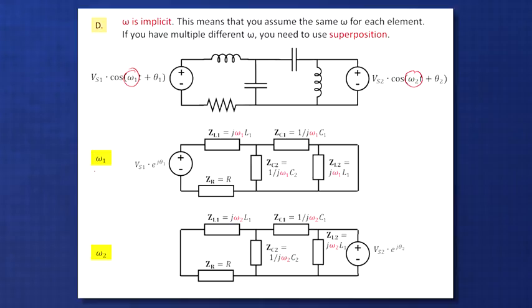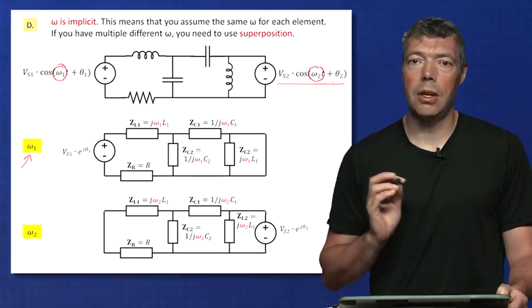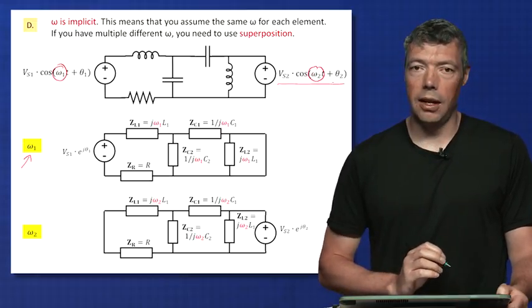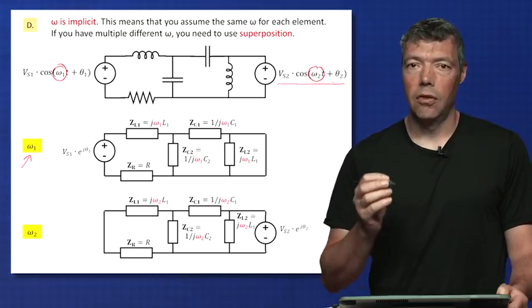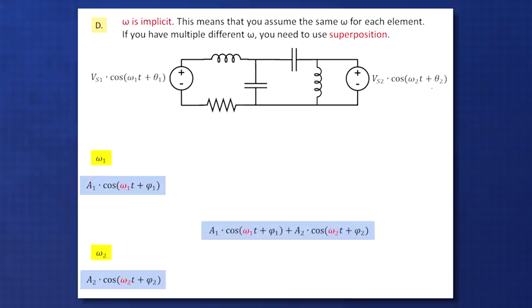And we can just use superposition as we know. So if I'm only looking at the system for omega 1, I set this source equal to 0. So it becomes a short. If this were a current source, it would become an open. This is something we already know about superposition. And I can also analyze the circuit for just the second source at omega 2. Let's say these are my solutions, then my total solution is just the sum of these two.